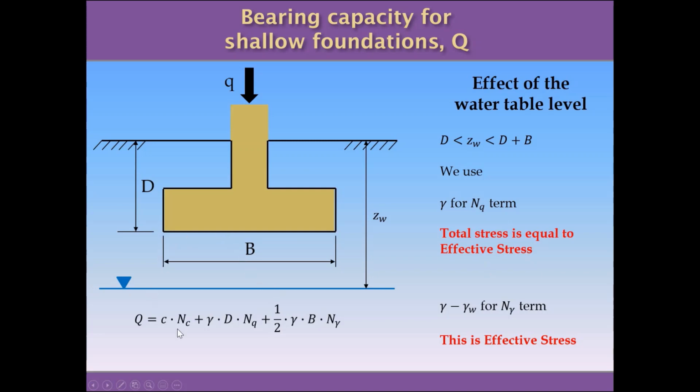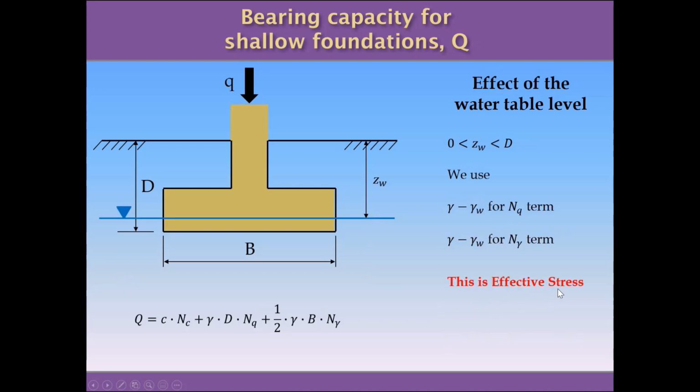With the water table very close, we need to use the effective stress. For this reason, we replace gamma directly by gamma minus gamma W, which is the total stress minus the water pressure, as in the definition of the effective stress I showed at the beginning of this video.